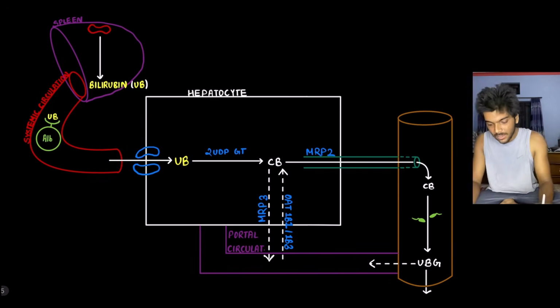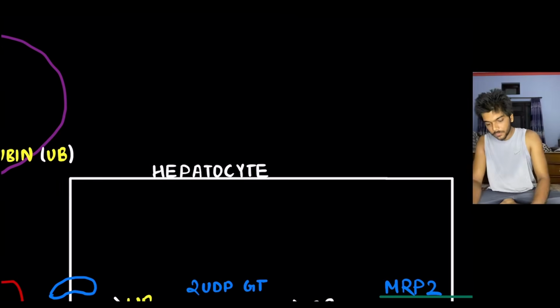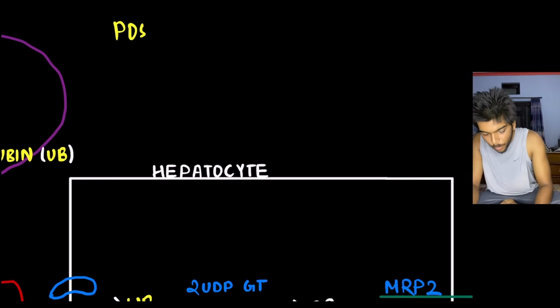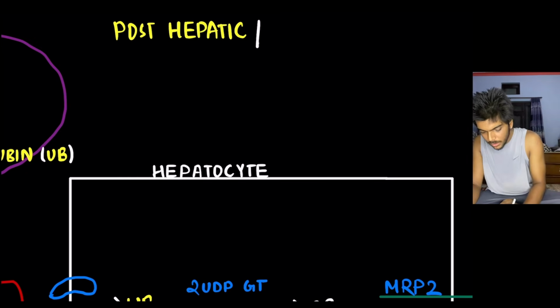Okay. The final type of jaundice, that is the post-hepatic or obstructive jaundice.